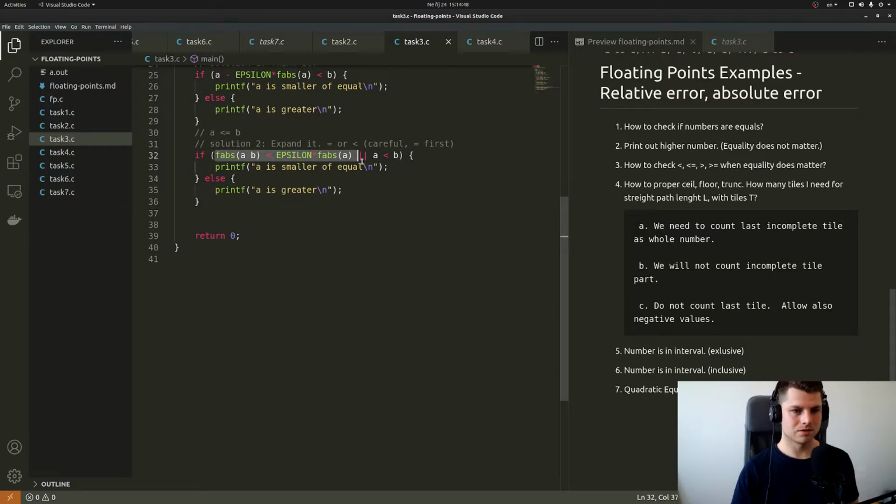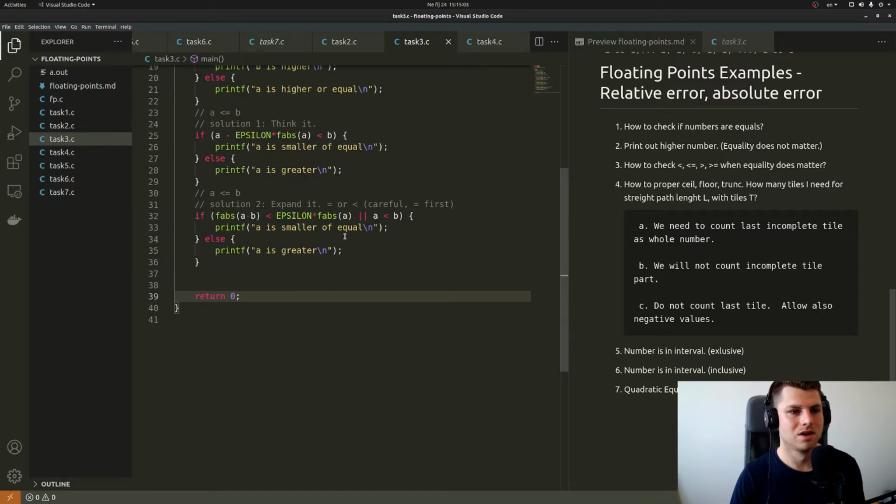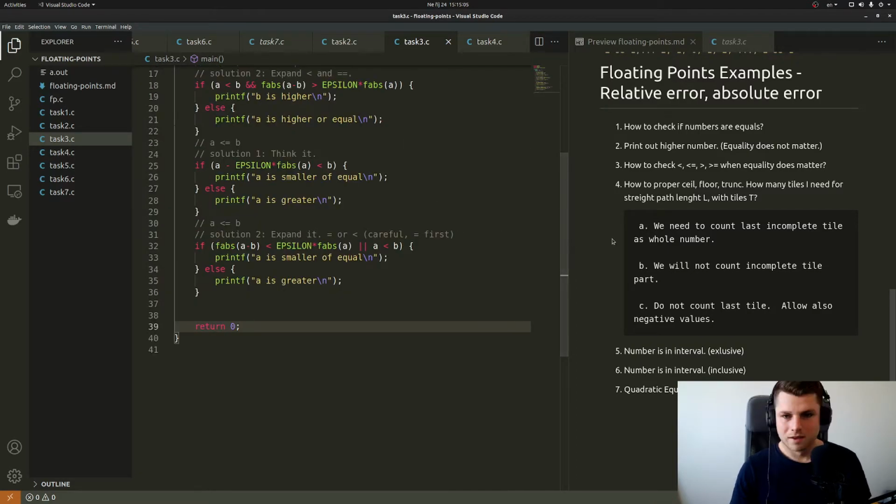So this is okay here. So we can validate the distance, like checking for equals by computing the distance and comparison, and then like this. Yeah, so we have here two approaches.